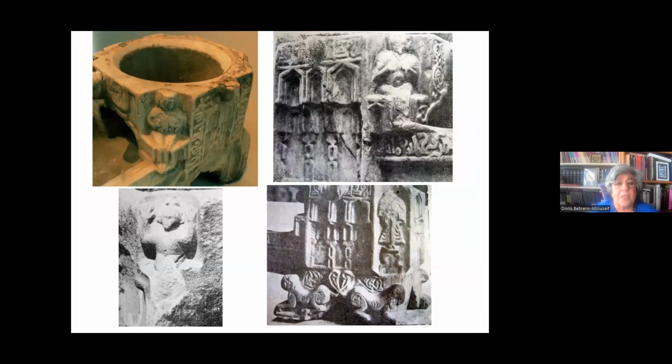But evidently these figures are not just decorative, they must have a meaning, and some of them, as we can see here, have male or female figures raising their hands in devotional posture, figures that look like priests, and the kind of animals we are used to seeing also in Coptic art.